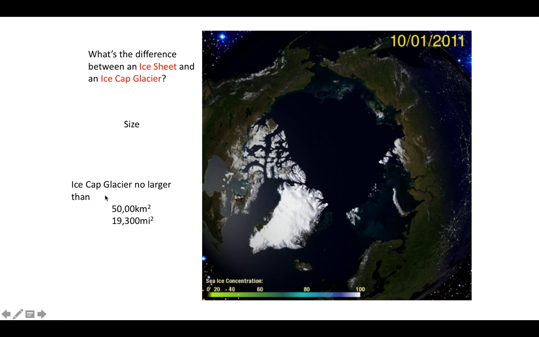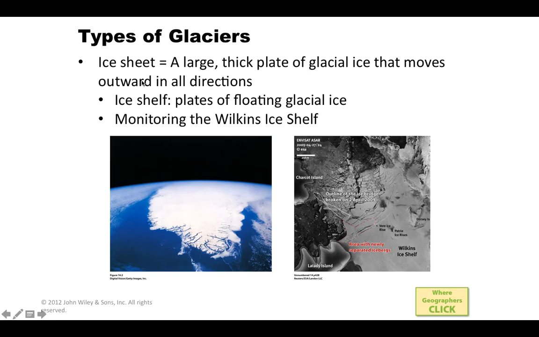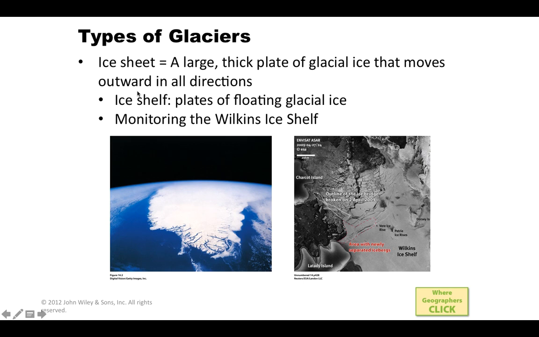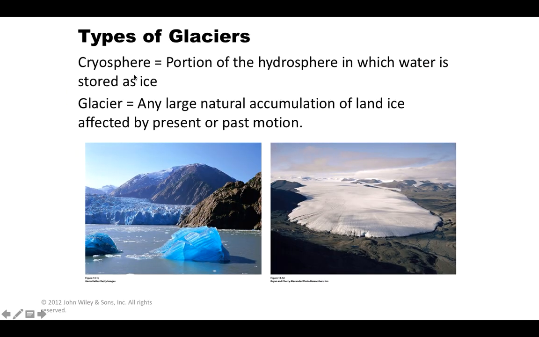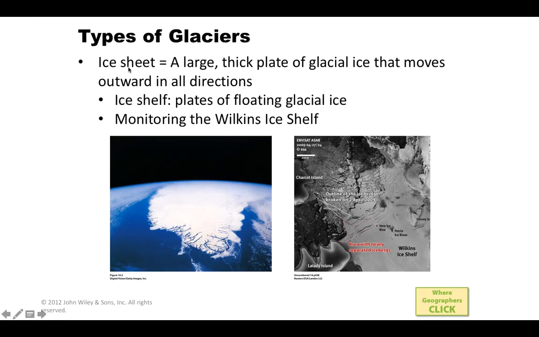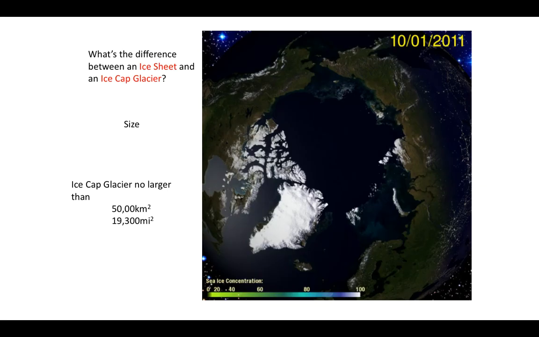An ice cap is not nearly as big as an ice sheet. We were talking about ice sheets right here, and we were talking about ice caps here. So an ice cap is kind of a smaller version of an ice sheet. That makes sense? And then an ice shelf, most of it's going to be floating.